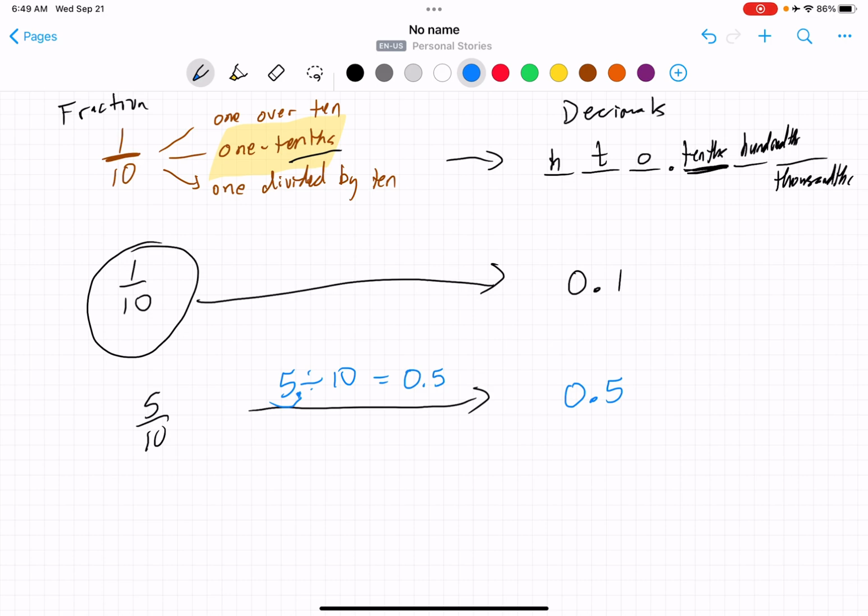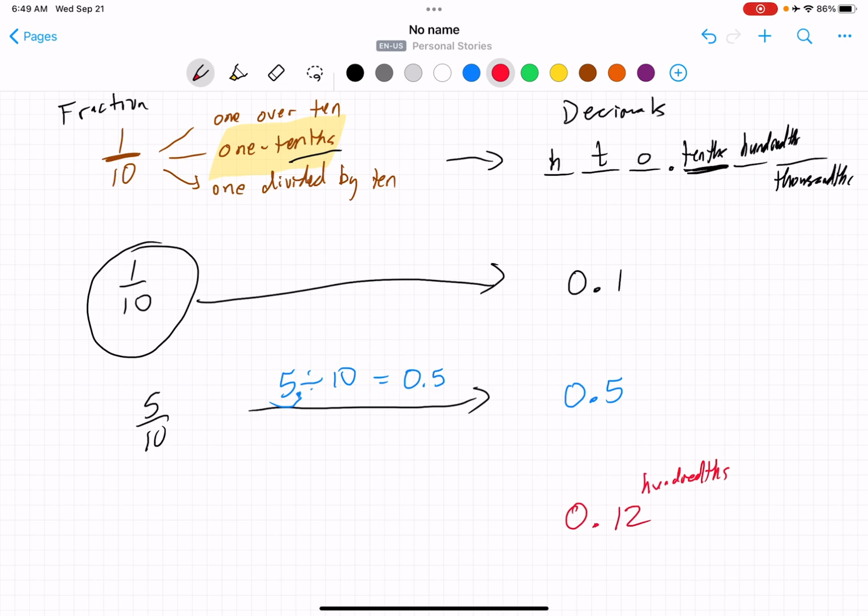Now we're going to go from decimals to fractions. If I gave you a number such as 0 and 12, notice the 2 is in the hundredths place. So we say 0 and 12 hundredths.